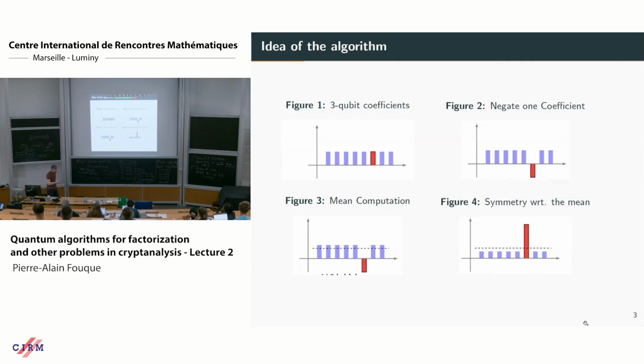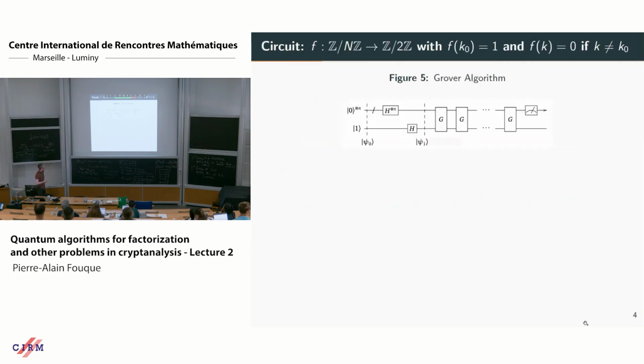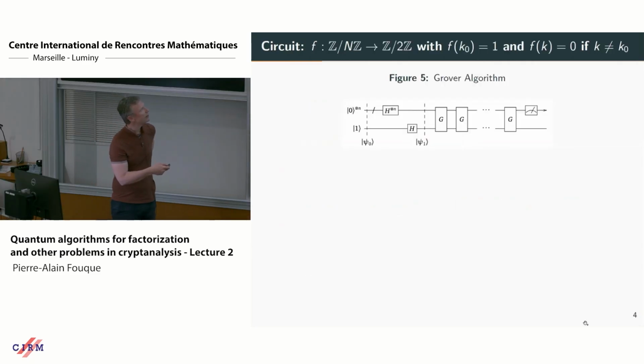Okay? Is it okay? Okay, so I now have to explain how it works. So basically, the idea is the following. You start here with the superposition of all the different values, and here you have n qubits, and at the end, on the n qubits, you will observe the index of the value that you are looking for.